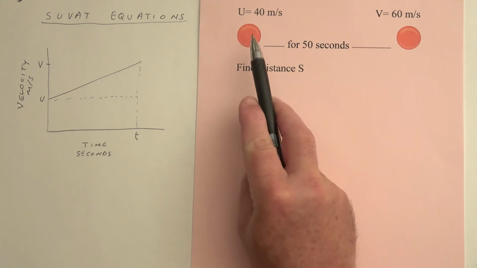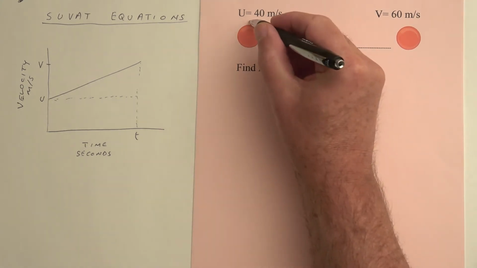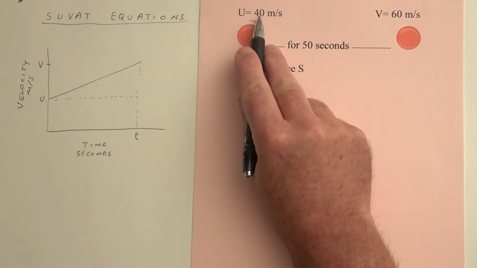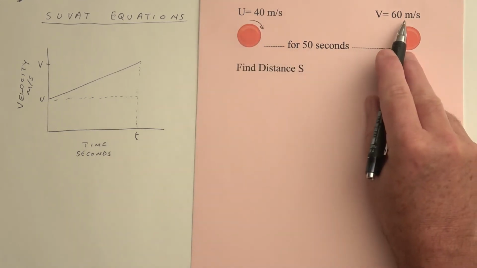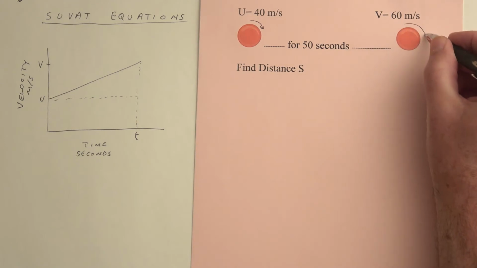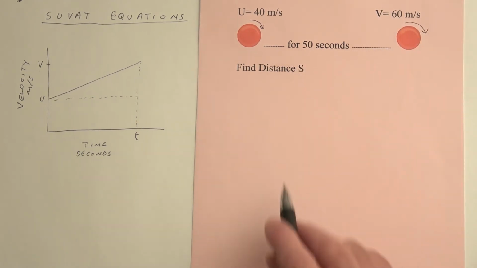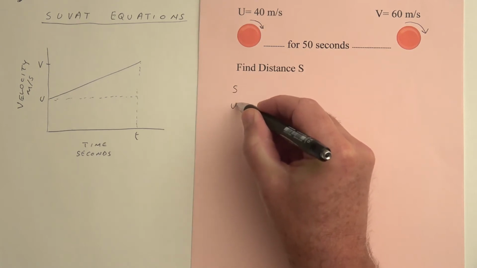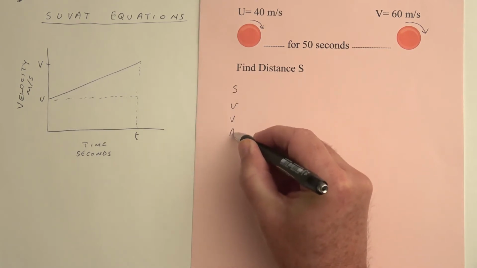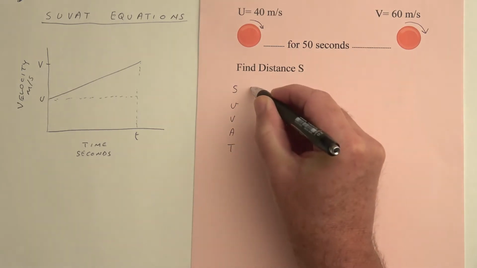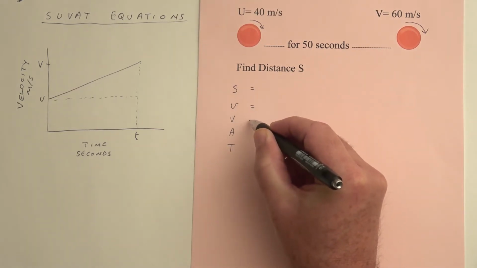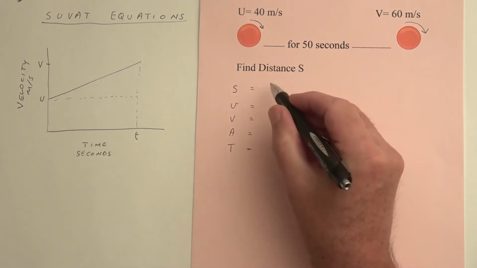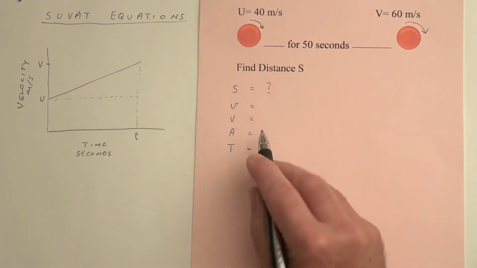We've got another one. Same thing, ball rolling, 50 seconds, 40 meters per second for our initial and 60 for the final, and we've got to find the distance. So I'll always put a question mark for the thing we're looking for.